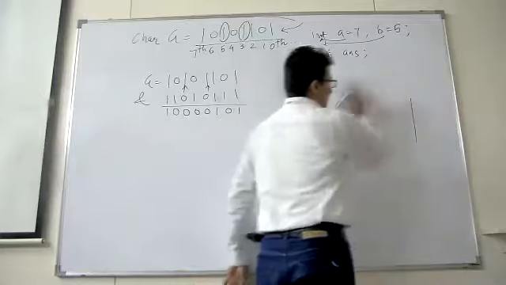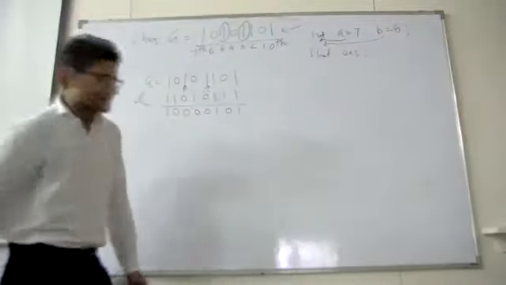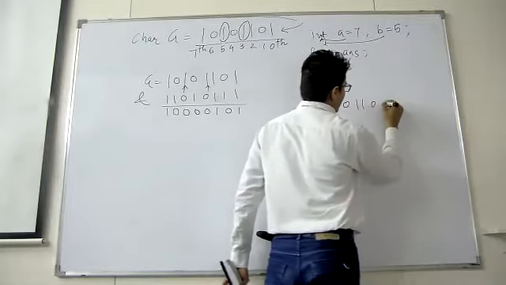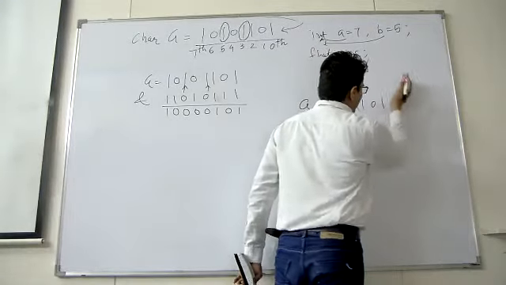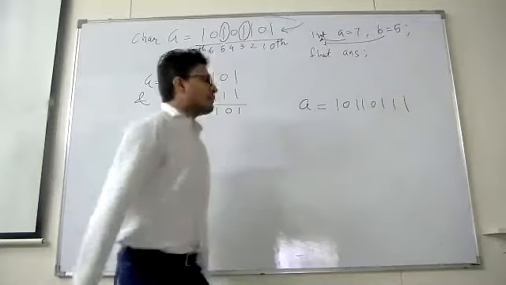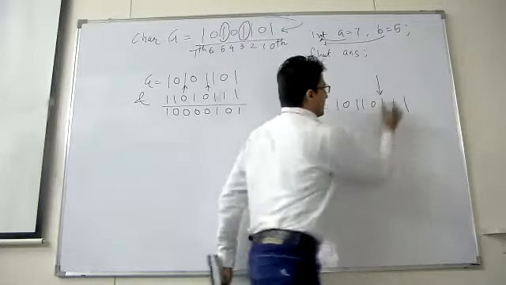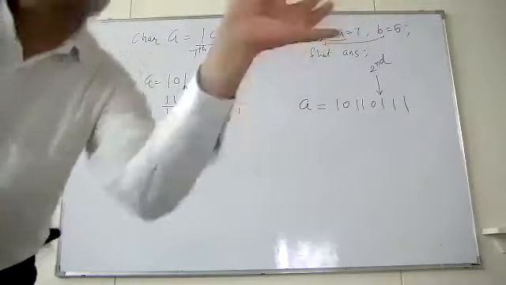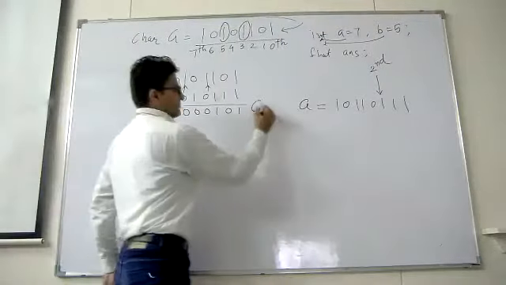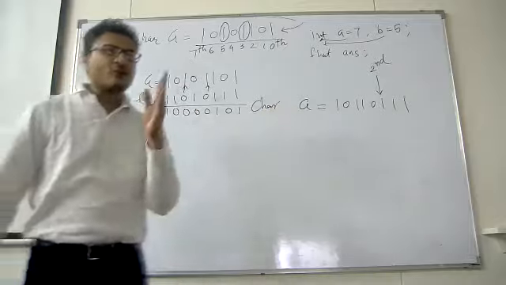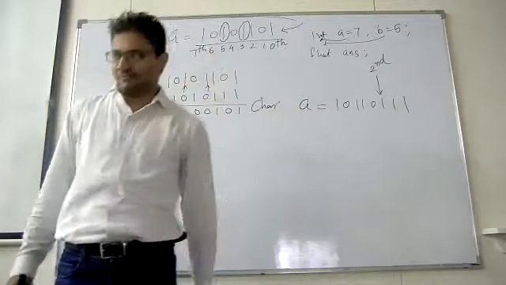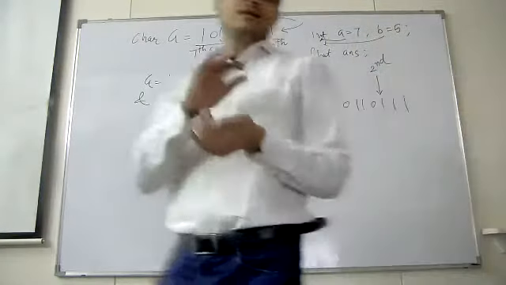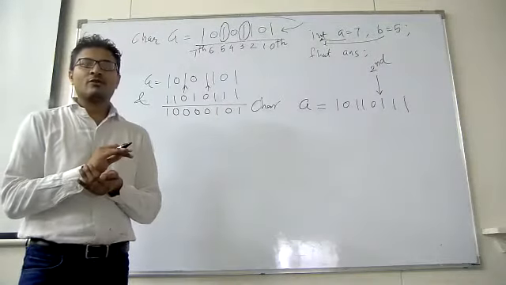Now one more example. Suppose I have A, and I would like to clear only the second position of A. What would we use? The AND operation, keeping all the bits 1 apart from the second bit.